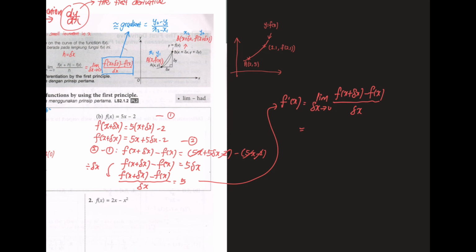So this complicated fraction, we already found it. It is 5. So limit delta x approaches 0, 5. Now you have to substitute delta x with 0. But there is no delta x for us to substitute. In that case, you can just write back 5 straight away. So that is f prime of x. So finish. So this is all about first principle.